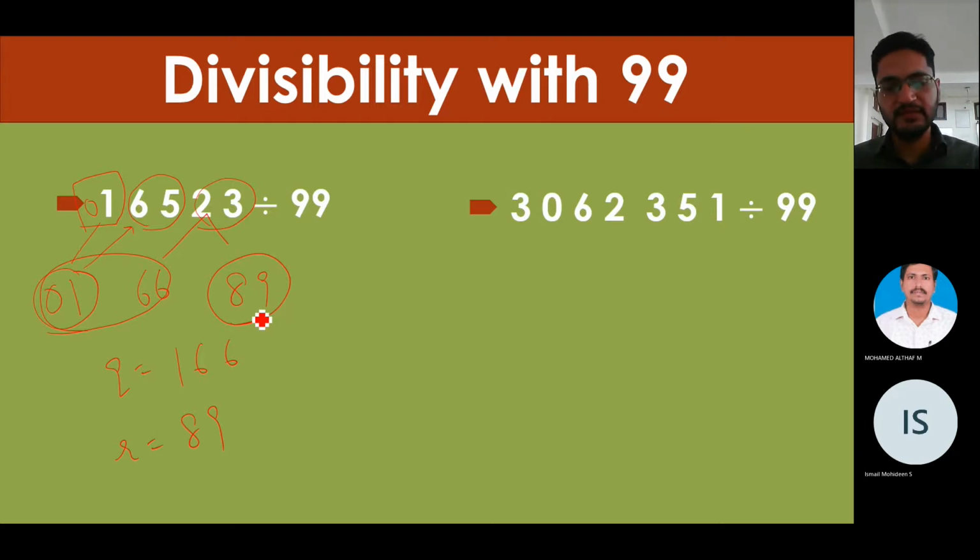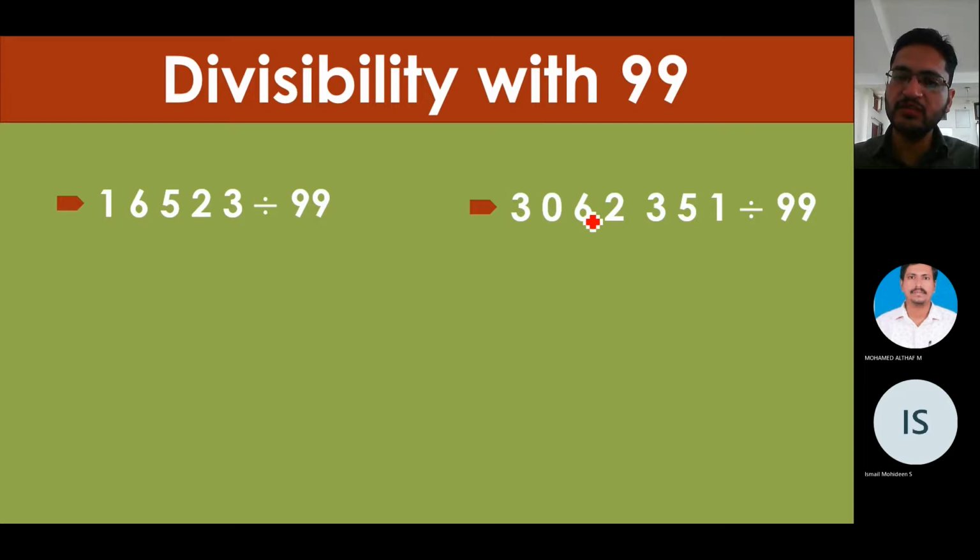Now next example. Here we are to divide 3062 with 99. So 2 pairs starting from end. First pair is 03. So I will write here 03 as it is.